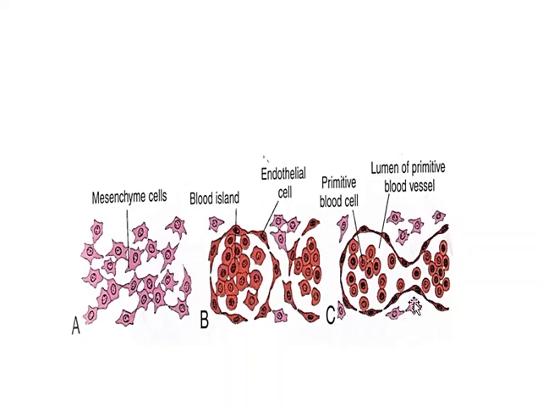So finally, we have a lumen, which contains primitive blood cells and surrounding primitive blood vessels. All types and cells of blood and blood vessels arise from mesenchymal cells.